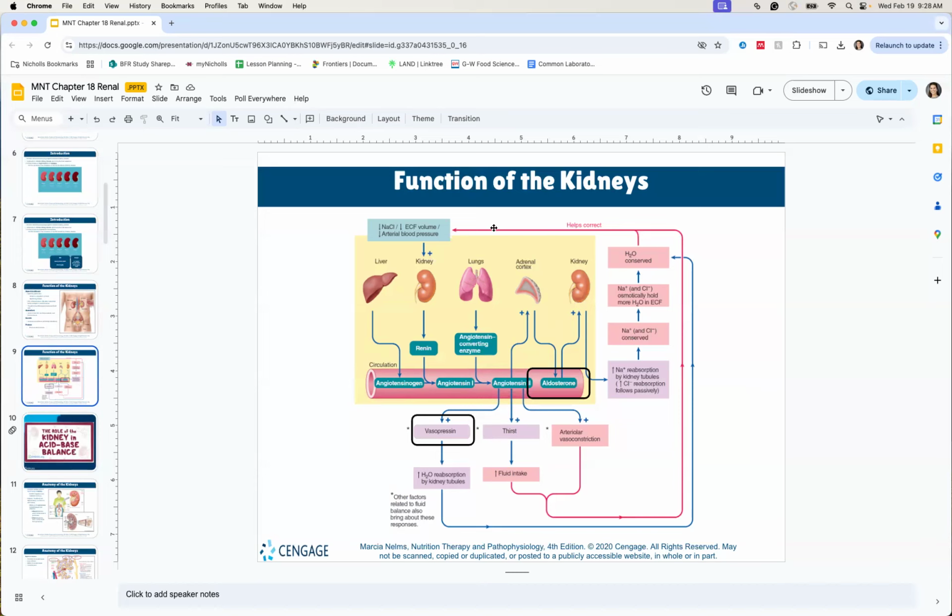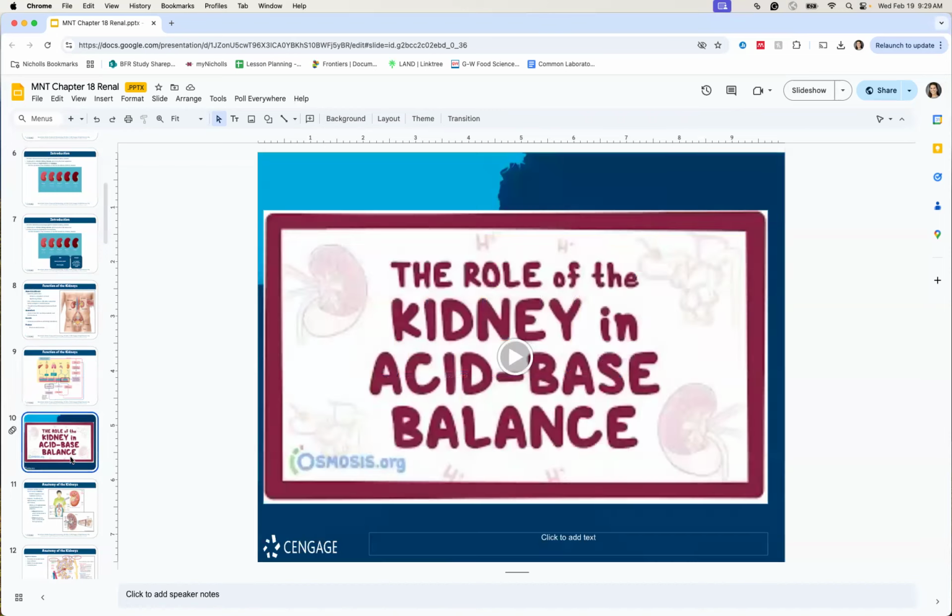So it helps to correct a low blood pressure or low fluid volume. Vasopressin also works on the kidneys to, again, increase reabsorption of fluid by the kidney tubules. So again, vasopressin helps to conserve water in the blood, and then helps to improve fluid and electrolyte status.